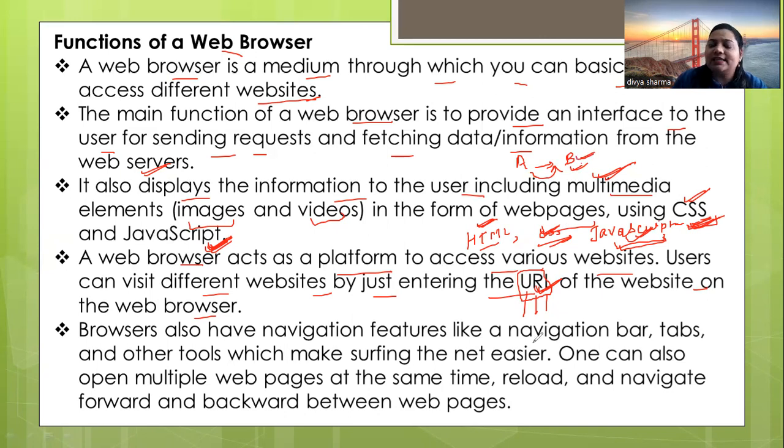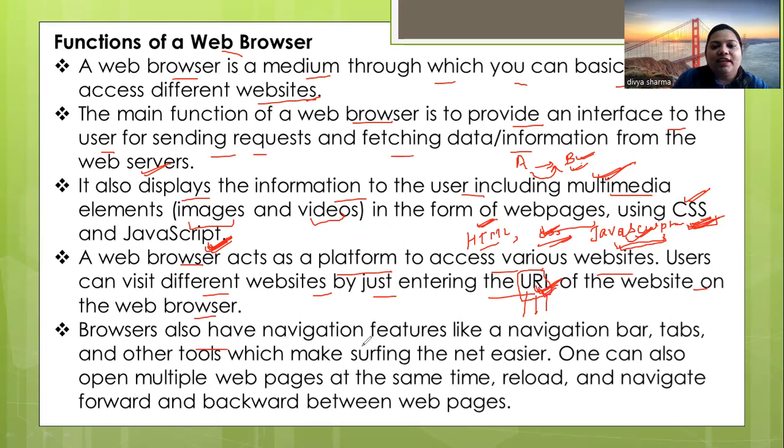In the same case, a user can access a website on the web browser only if he knows the URL of that website. So URL is the uniform resource locator address.